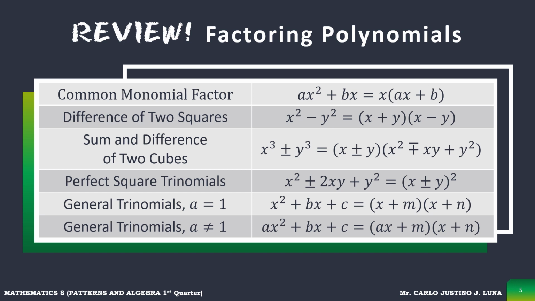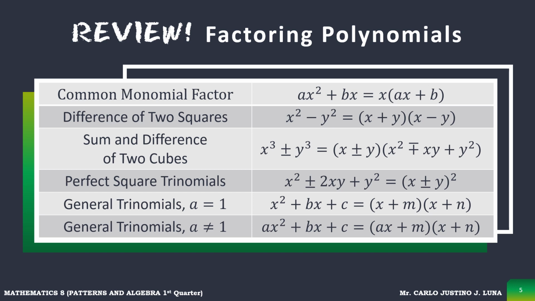Okay. Third is the sum and difference of two cubes. So here, our given is also a binomial, wherein both terms are perfect cubes. It could be a sum of cubes or a difference of cubes.